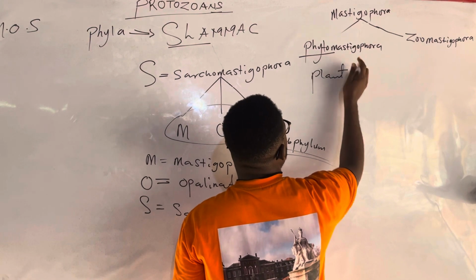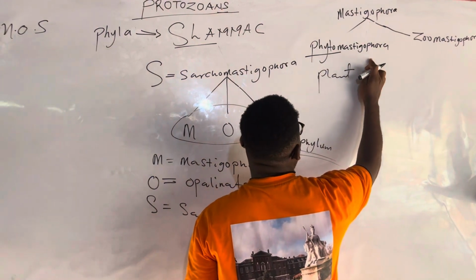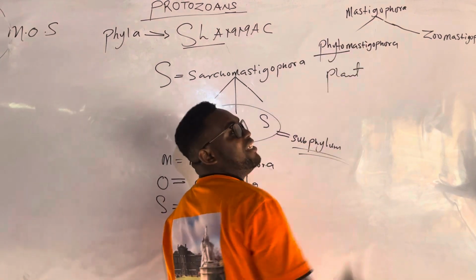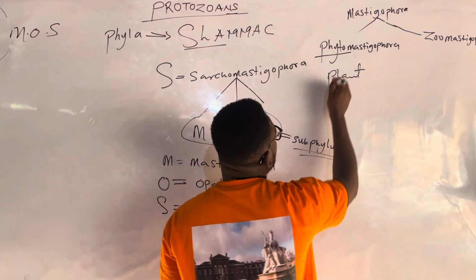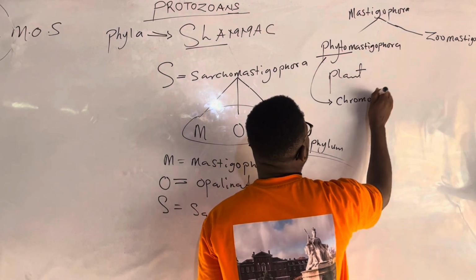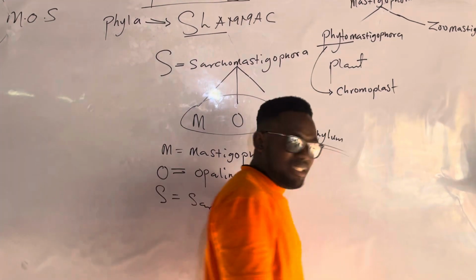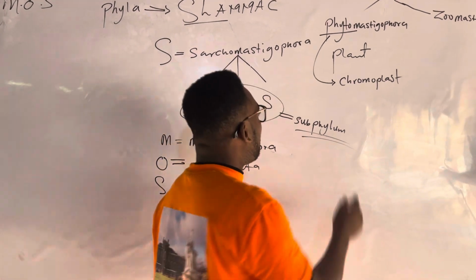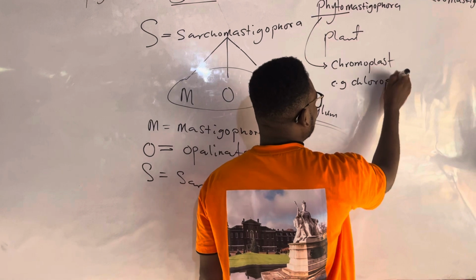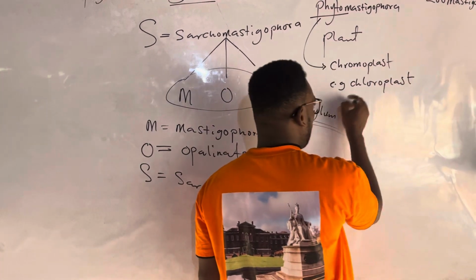It then means that Phytomastigophora, all the organisms we have here, all of them contain chromoplast, an example is chloroplast. Then chloroplast contains what?